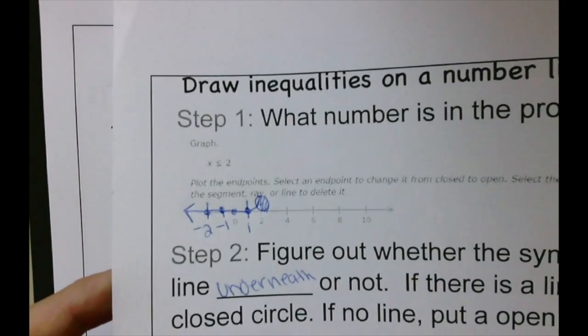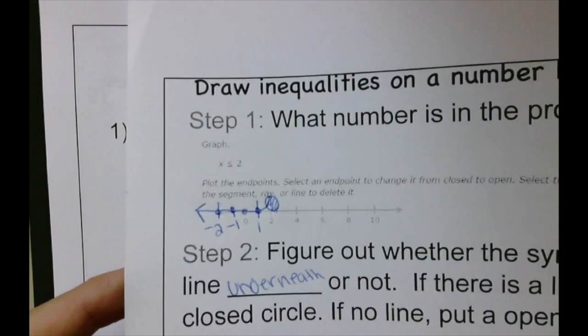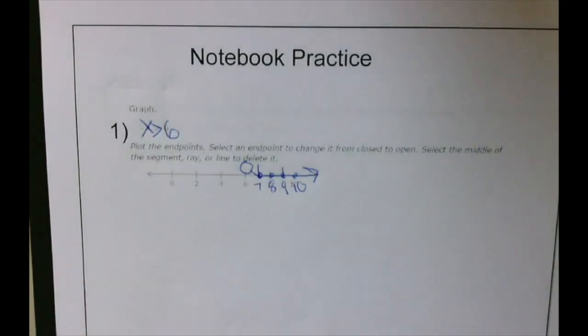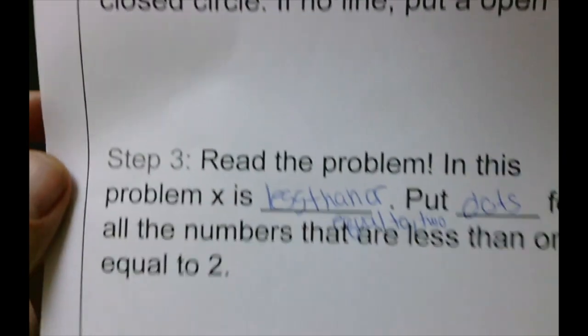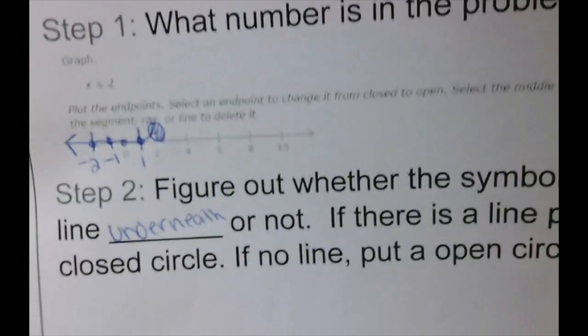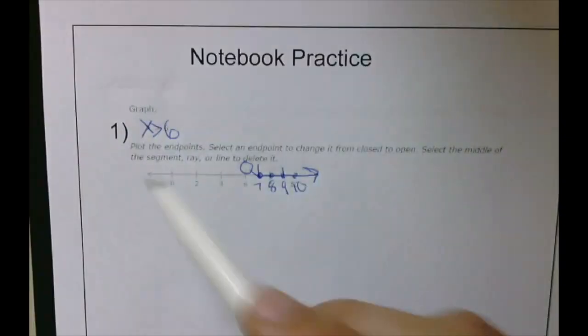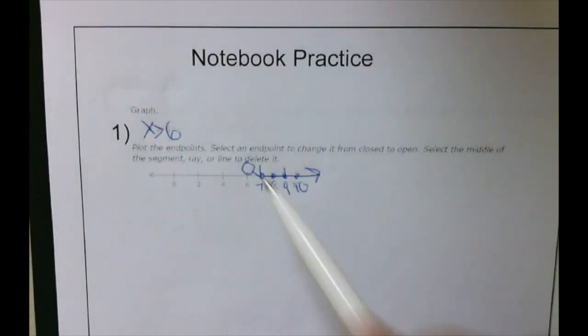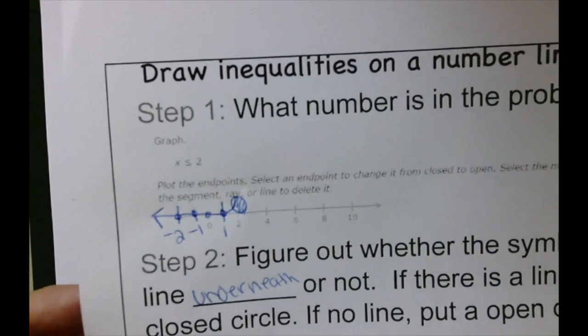Can you think of one reason why this is a closed circle and this one's an open circle? Well, there's two reasons. The first is that this problem does not have a line underneath, so therefore it's an open circle. And this problem does have a line underneath, so therefore you should close it.